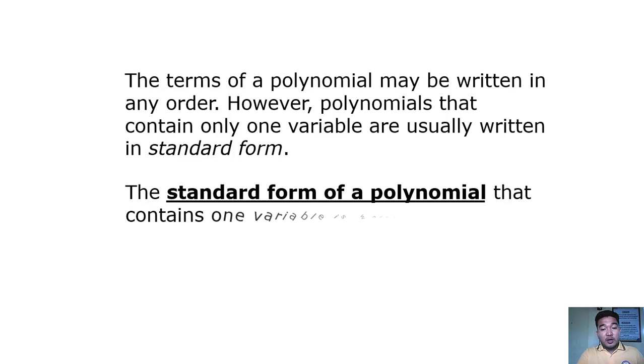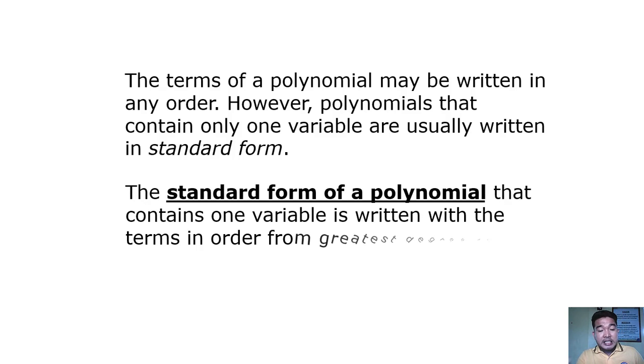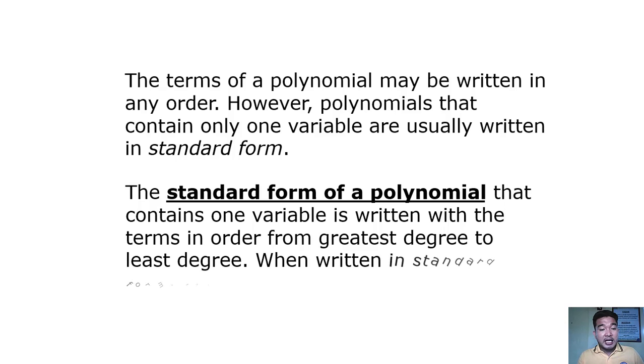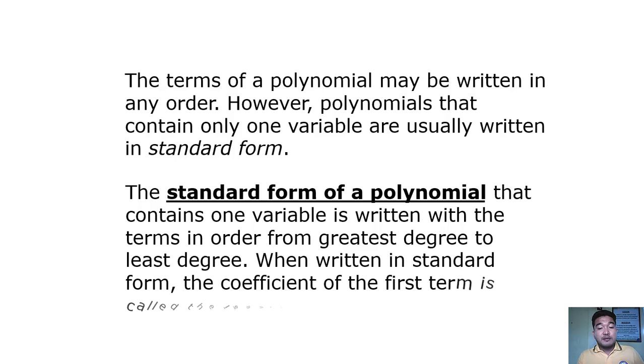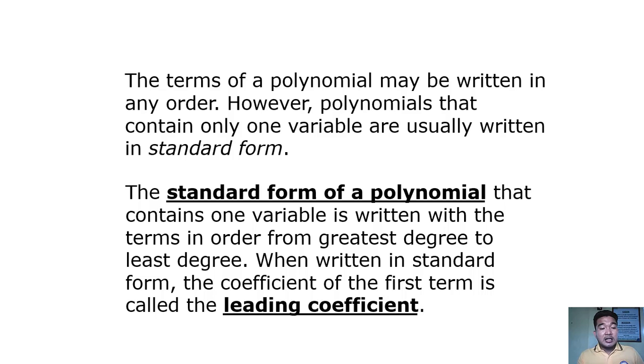The standard form of a polynomial that contains one variable is written with the terms in order from greatest degree to least degree. Ibig sabihin, nagsisimula tayo doon sa term na may pinakamataas na degree hanggang sa makarating tayo doon sa term na may pinakamababang degree. When written in standard form, the coefficient of the first term is called the leading coefficient.